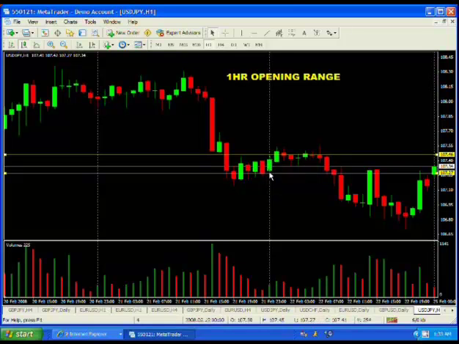And that's not just the opening range, that's pretty much support and resistance in general. But I wanted to mention that because this bar here closed above the low of the open range, however it did not close above the open or the real body of this 1 hour open range bar.